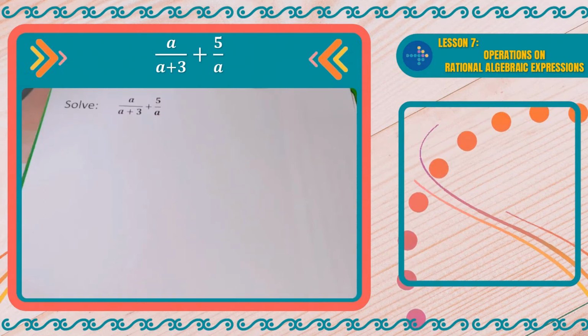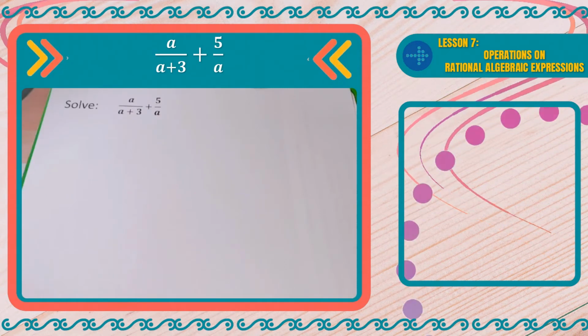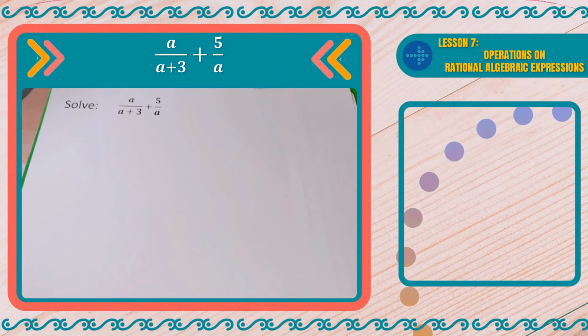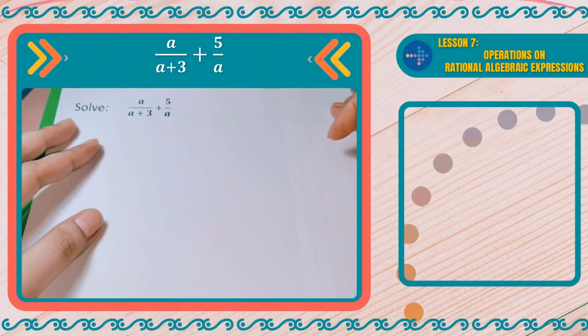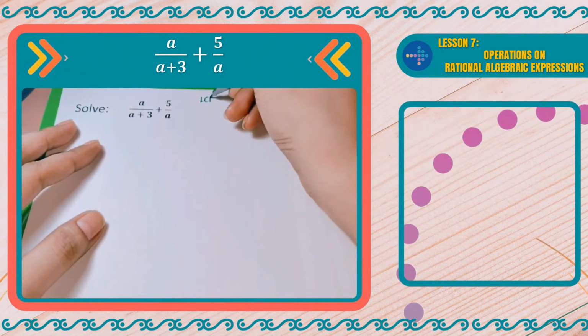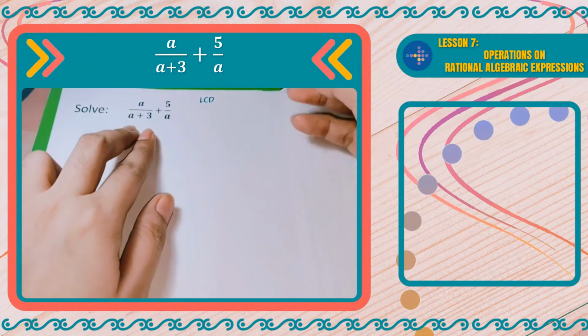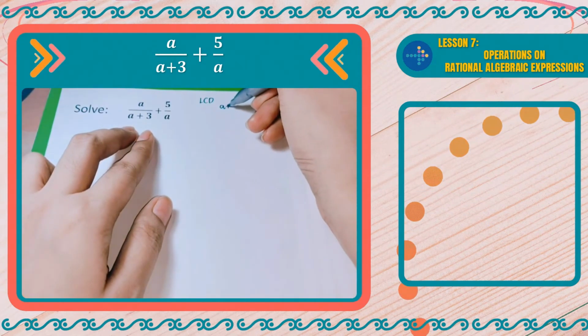So, the given is a over a plus 3 plus 5 over a. So, we need to add these two expressions with different denominators. So, let us get the LCD first. For the first denominator, we have a plus 3.